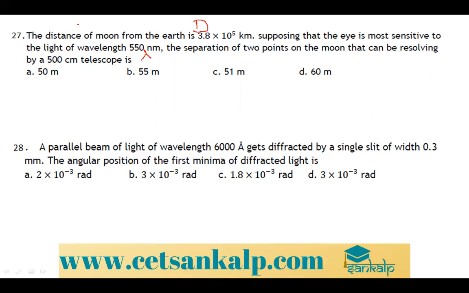Then the resolving power, the aperture is 50 centimeter, so we have to convert. First let's find d theta. d theta is equal to 1.22 lambda divided by D. So 1.22 into 550 into 10 to the power minus 9 divided by 50 into 10 to the power minus 2.